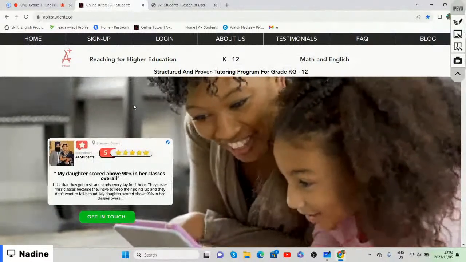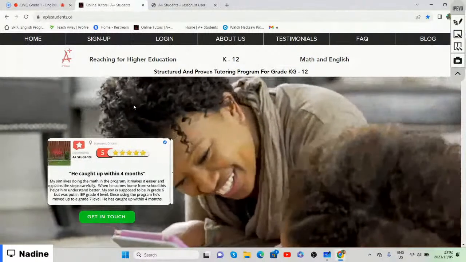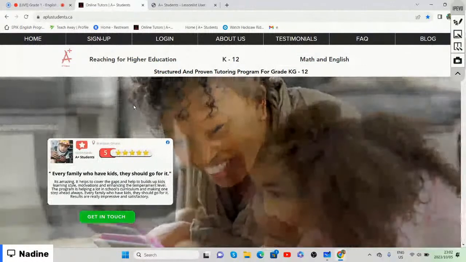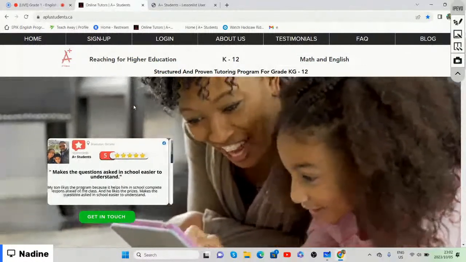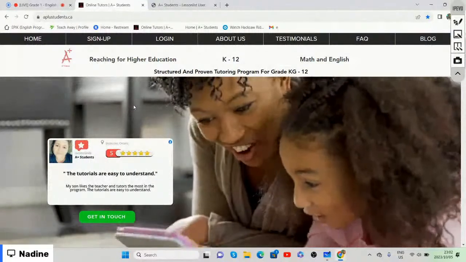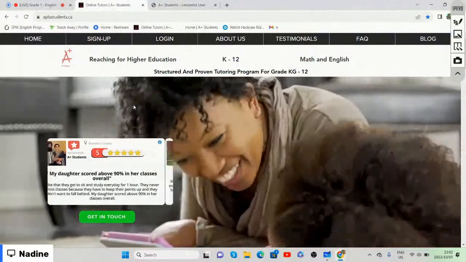You're going to log in with your username as well as your password. Once you've logged in, you're going to select the subject of language arts, grade 1.